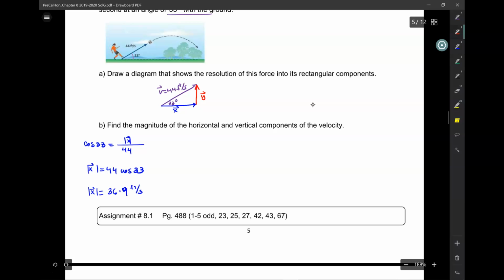And then sine of 33 is equal to y over 44. So magnitude of y is 44 sine 33. And how much is that?